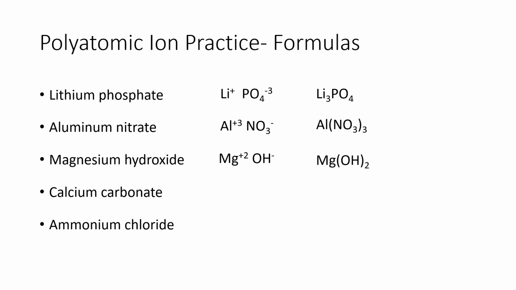Carbonate is CO3 with a negative 2 charge. When you crisscross these, the 2 charges are going to cancel out, so there will be no subscripts. So this will be CaCO3. And then ammonium, remember our only positive polyatomic is NH4 plus. Chloride is Cl negative. Whenever you crisscross these, you end up with NH4Cl.